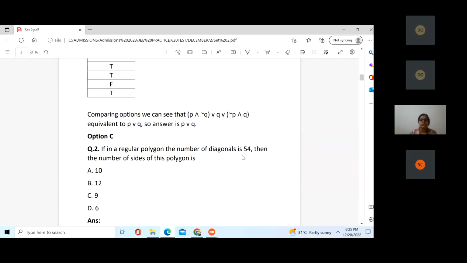So the second question is, if in a regular polygon, the number of diagonals is 54, then the number of sides of this polygon is. I have four options here: 10, 12, 9 and 6.